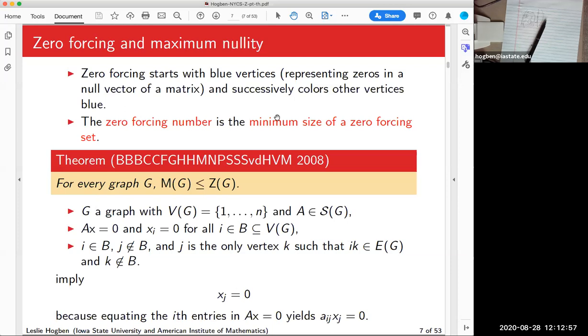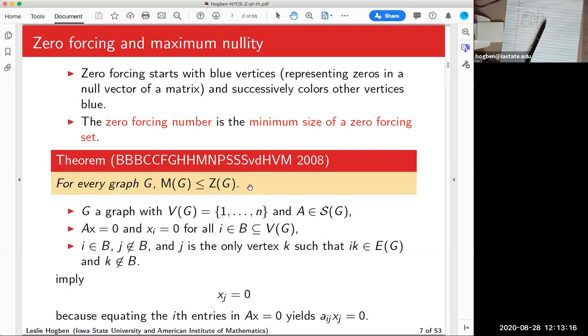And here you have the definition: the zero forcing number is the minimum size of a zero forcing set. A zero forcing set is a set of initial blue vertices that can color all the vertices blue through the zero forcing process.